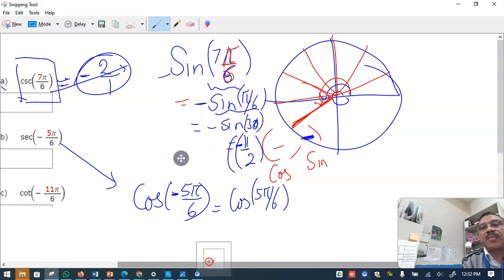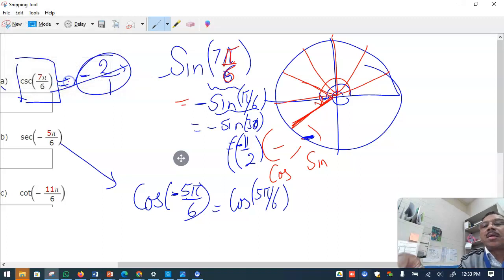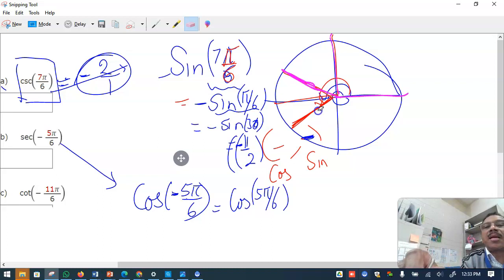So where is 5 pi by 6? Again, this is 1 pi by 6, 2 pi by 6, 3 pi by 6, 4, and this is 5. This is the angle 5 pi by 6.